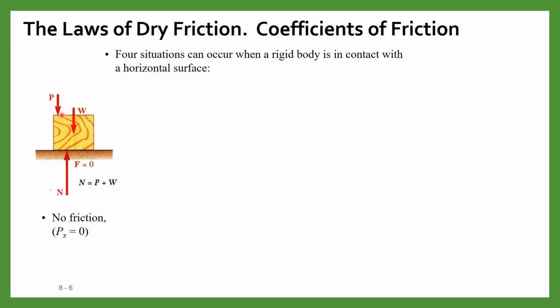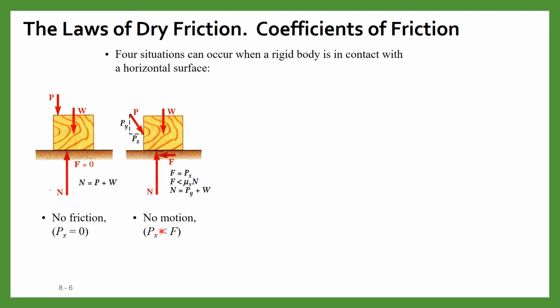In this case we have the weight and the normal force, and since the force is applied from the top, the block cannot move in the downward direction because of this restraint. So in that case the frictional force is 0. The second condition is when this force is applied at a certain angle.